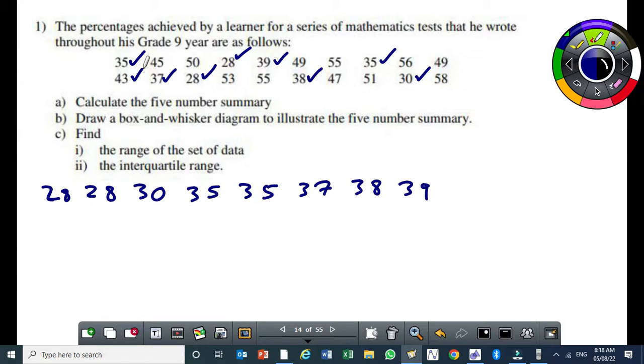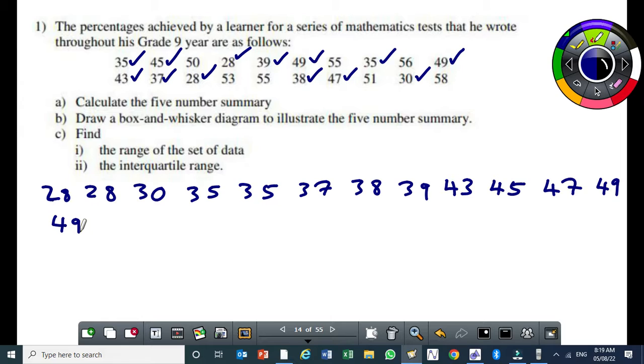We have a second one. Okay, so we have got a 43. We have a 44. 45. 47. Okay, then we have a 47. 49. Right. 47, then we have got a 49. How many 49 do we have? 2. Right? So we've got another 49 there.